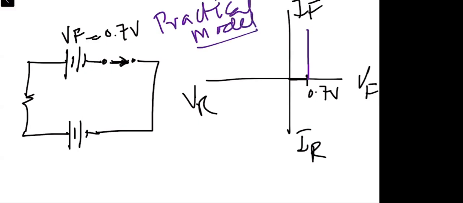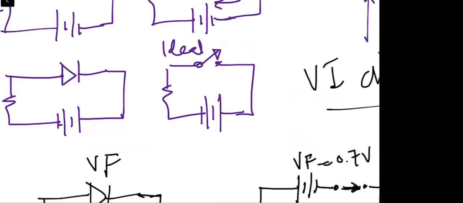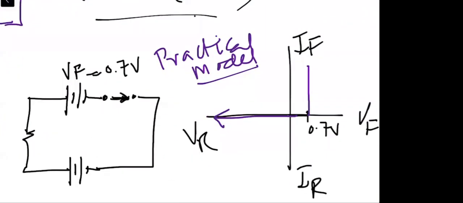And in the reverse direction, again it is behaving as an open switch, same as in the ideal case, so we have a curve something like this. Are you with me?